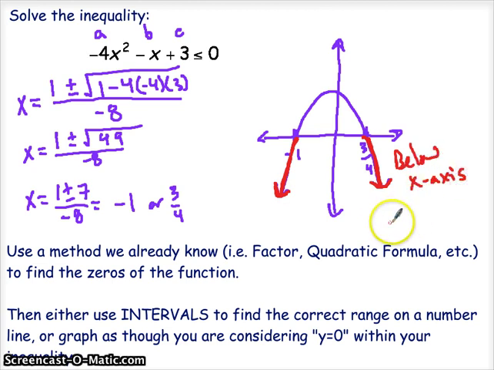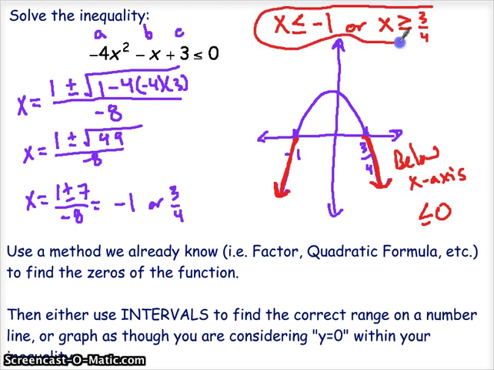Well, that means that our answer should exist anywhere that x is less than or equal, because we are okay with being equal to 0, to -1, or anywhere that x would be greater than or equal to 3/4. And that's a great way to solve a quadratic inequality.